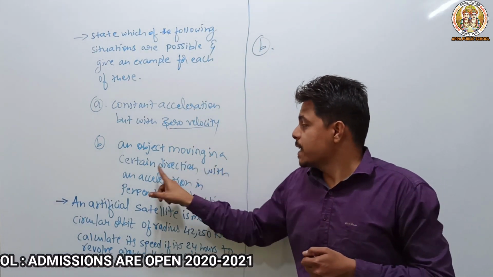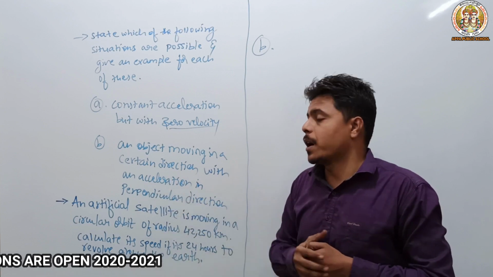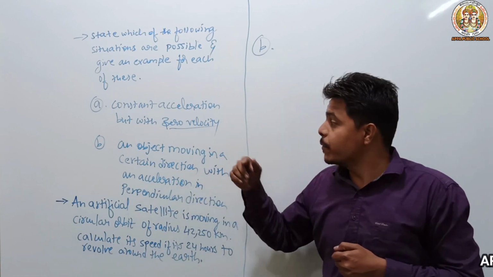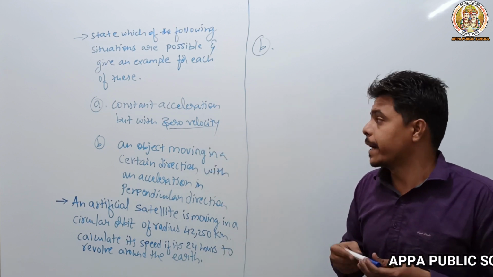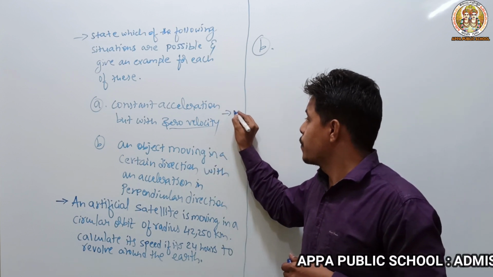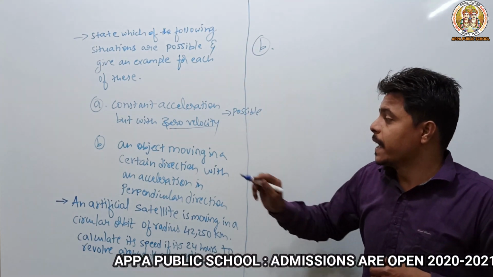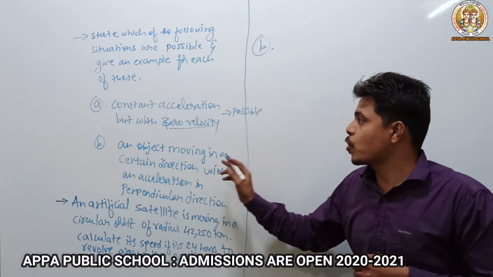We have to give one example for this question, and whether it is possible or not, we have to write. The first question was possible, and we have also given the example. Yes, question B is also possible.